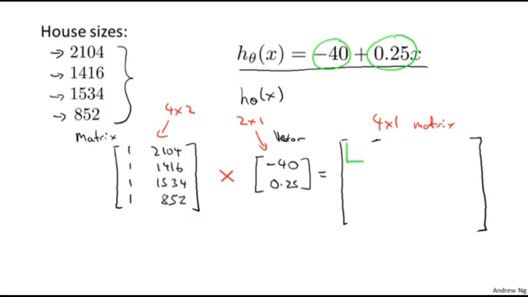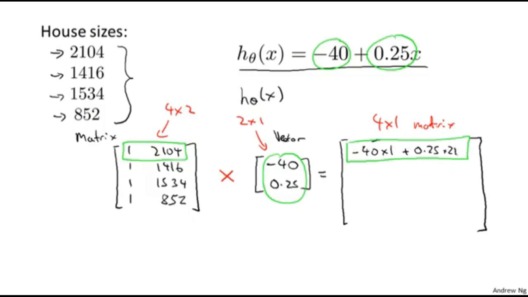Now it turns out the first element of this result, the way I'm going to get that is I'm going to take this and multiply it by this vector. And so this is going to be minus 40 times 1 plus 0.25 times 2104.